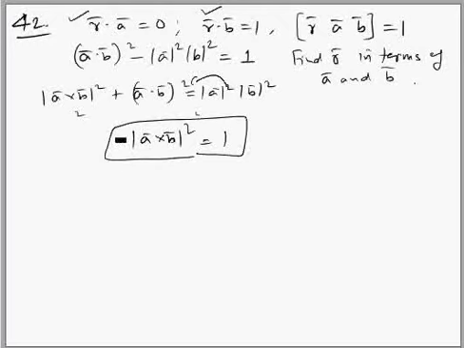This is a positive quantity and it cannot be equal to a negative quantity. So either this question is wrong and we can leave it, or just to complete this, let's take this equal to minus 1. So it means we are taking mod of a cross b equal to 1, right?